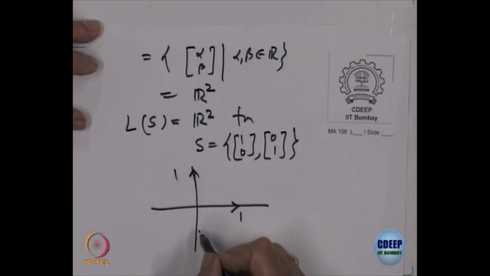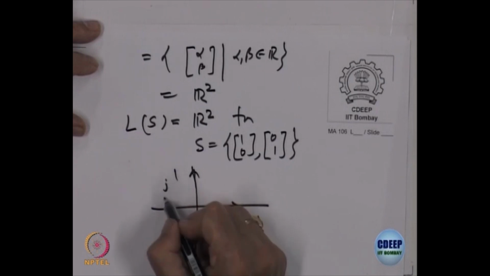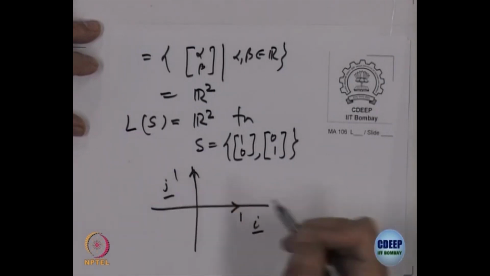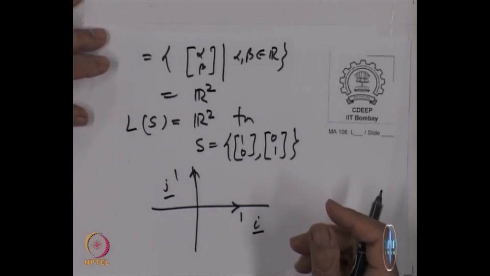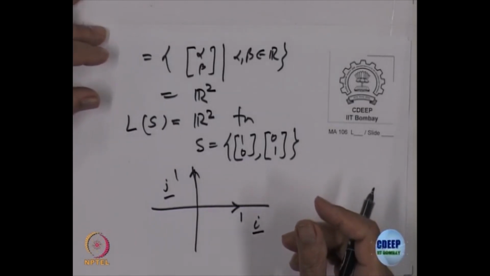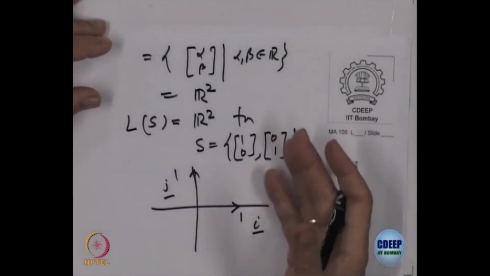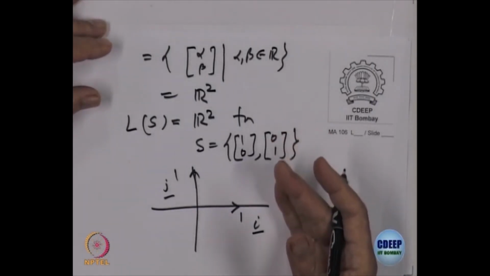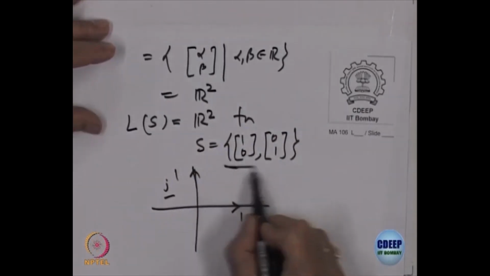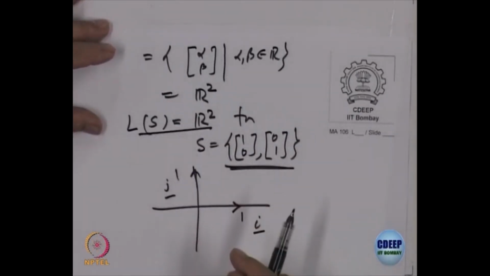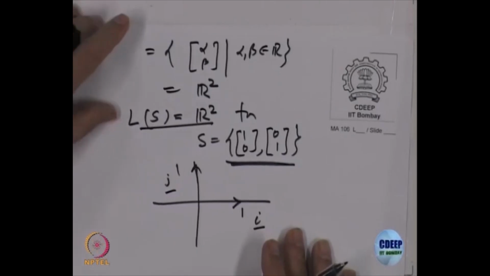That is that vector. So, that is what you normally call i, and this you call j. What is every vector? Some alpha times i plus beta times j, right. So, that is precisely what we have done in a different language, that is all, right. So, that means the linear span of these two vectors is equal to whole of R 2, right.